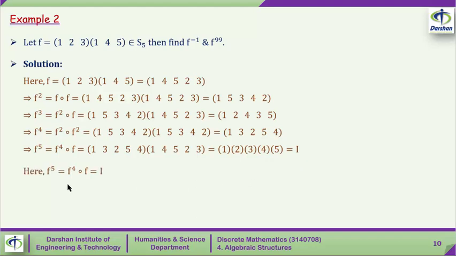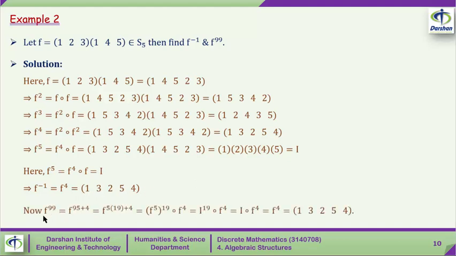So here we get f raised to 5, which is nothing but f raised to 4 of f, and this is an identity element, means f inverse is f raised to 4, because the composition of these two functions is the identity element. Therefore these two are inverses of each other. So f inverse is nothing but f raised to 4, which is (1, 3, 2, 5, 4).